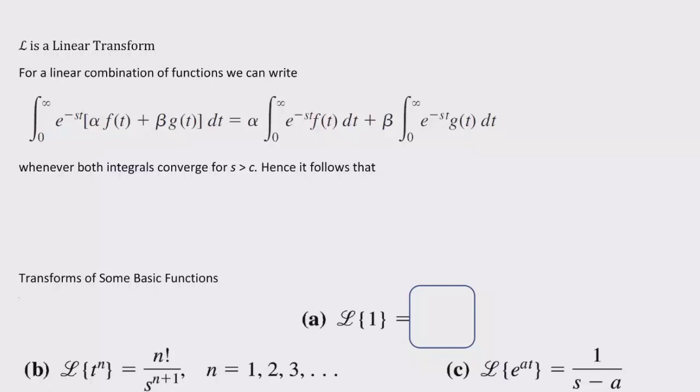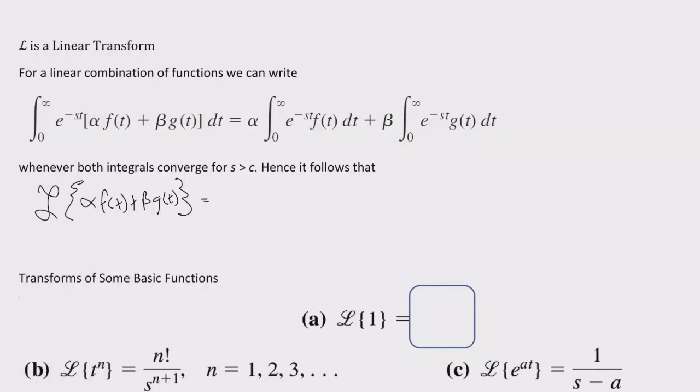All right. So for a linear combination of functions, we can evaluate it separately, and we can essentially break it up into functions that go from t in terms of s. So the Laplace transform of alpha f of t plus beta g of t, since it's a linear transformation, you can think of it kind of like we can factor.